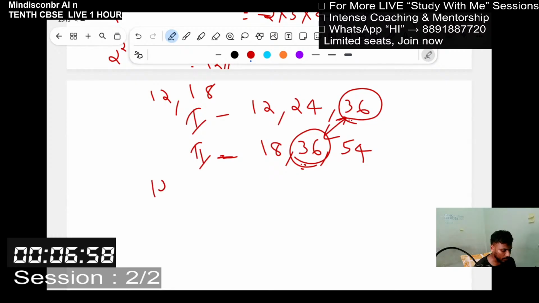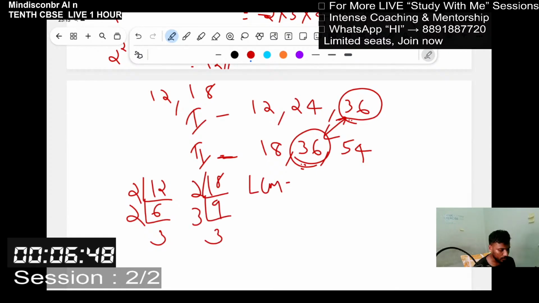We can also find this by finding the LCM. 12 is 2, 2, 3 and 18 is 2, 3, 3. LCM is the lowest common multiple. Every factor we should consider, and in every common factor we should take the highest power. So for 2 square and 2 we take 2 square, and for 3 and 3 square we take 3 square.